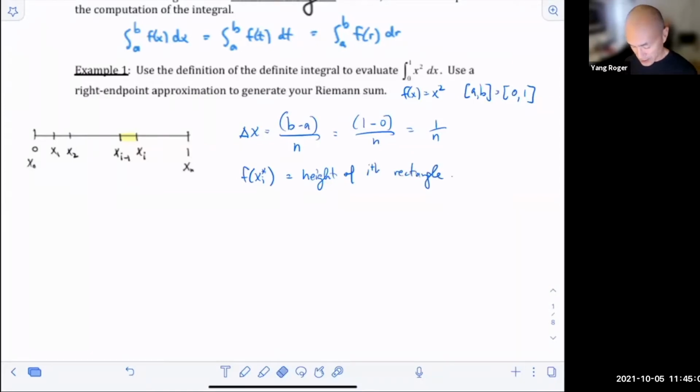I know that this guy is the width. Okay, so in order to answer this f of xi star, I really need xi star. So I need a formula for xi star.